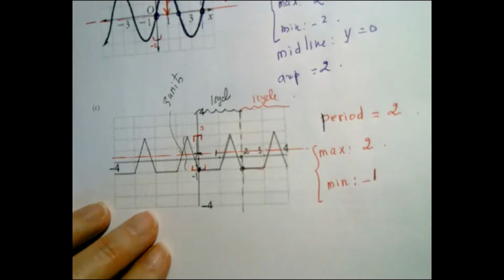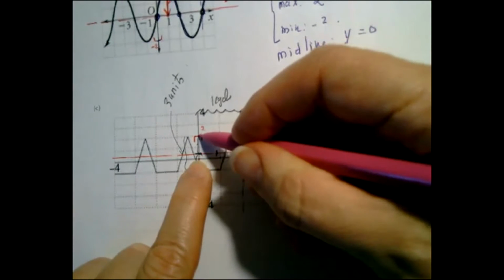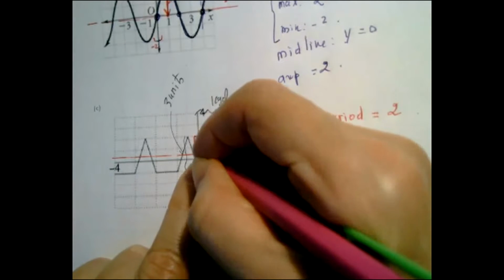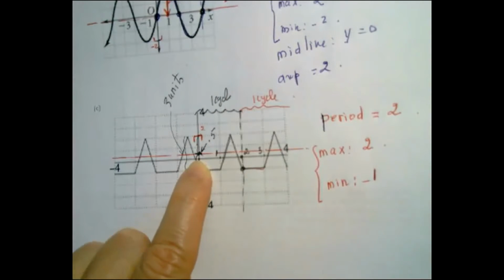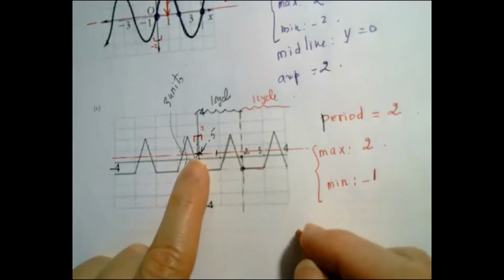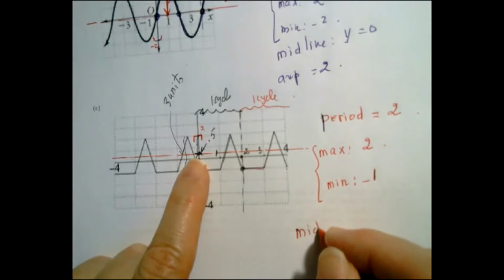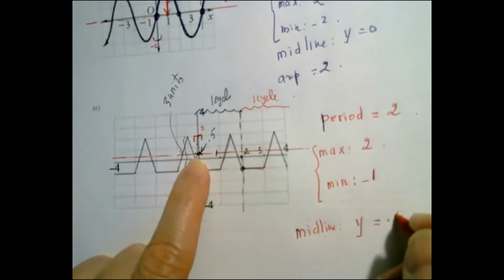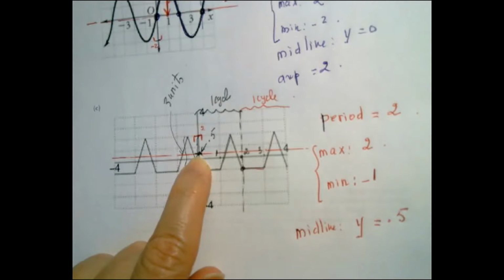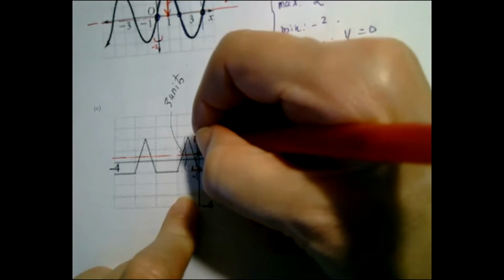So if this is 2 and this is 1.5, this point right here is 0.5. So my midline is going to be y equals 0.5.